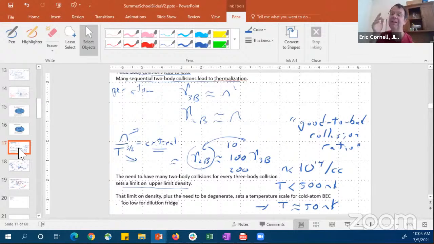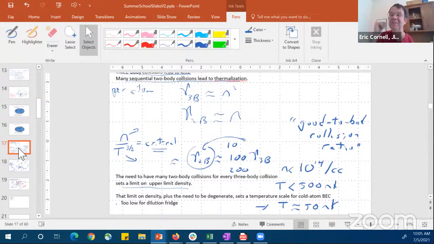So, in the 70s and 80s, there was sort of a 15-year effort to make Bose-Einstein condensation in spin polarized hydrogen just by putting it inside a box inside a helium dilution refrigerator, and those experiments did not work. And this is why, basically, the dilution refrigerators were not quite cold enough, which is why in the mid 1980s onto late 1980s, when laser cooling became a big thing, everyone was working on laser cooling and atomic physics, and people were looking around saying, okay, now we can make things really cold.